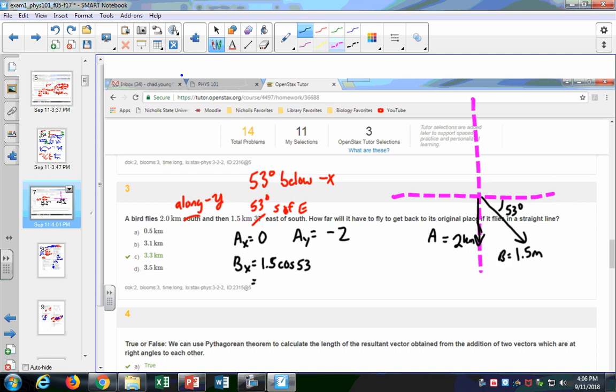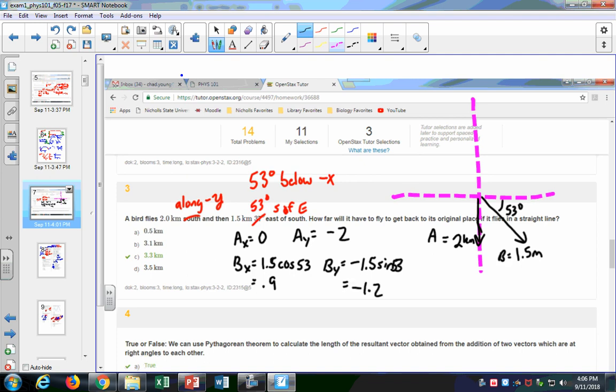It's going to still be positive because it's along the positive x-axis. This is 0.9. Be careful though. BY is actually equal to negative 1.5 sine of 53, which is 1.2. So it's negative 1.2.